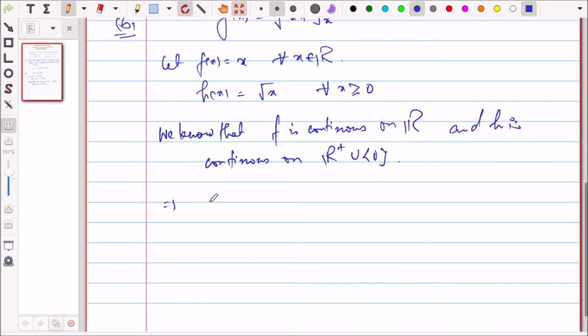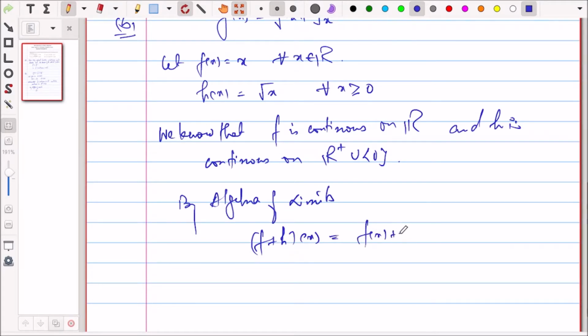So this implies f plus h, by algebra of limits, the function (f plus h)(x), which is equal to f(x) plus h(x), which is equal to x plus root x, is continuous on R positive union 0. Because h is continuous on this set and f is continuous on whole of R, together they are continuous on this set.